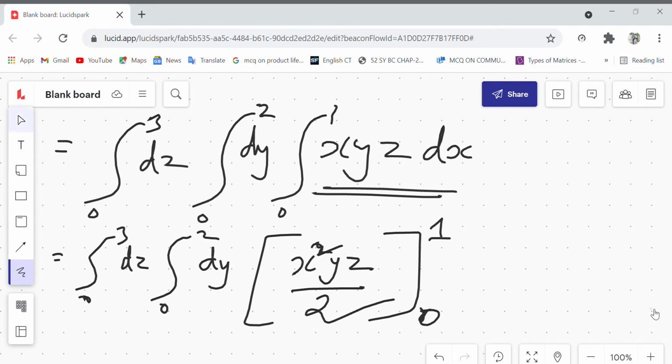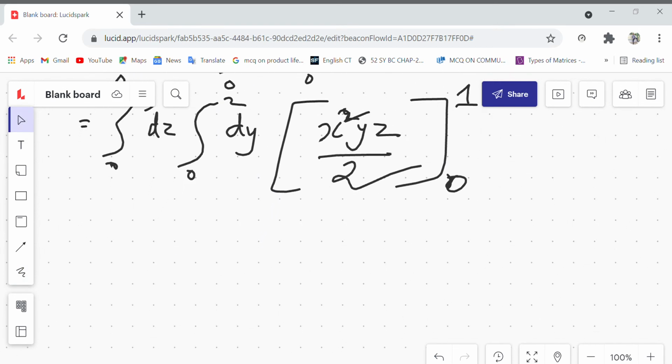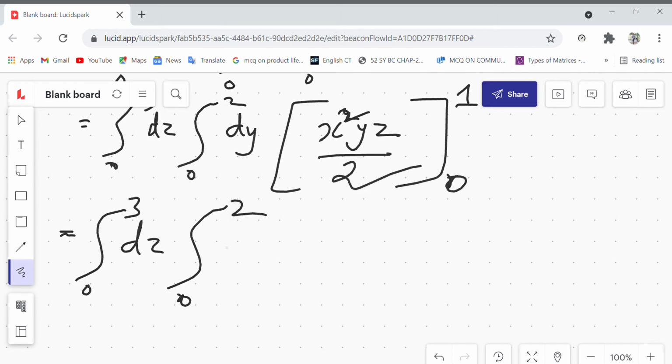Now I have to move down. Equal to integration 0 to 3 dz, 0 to 2 dy, yz by 2 after solving this.